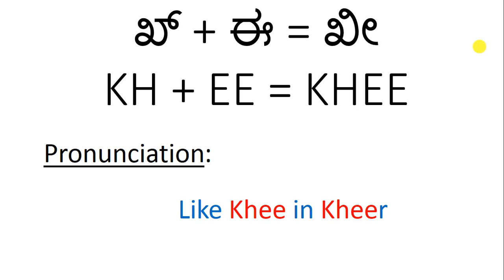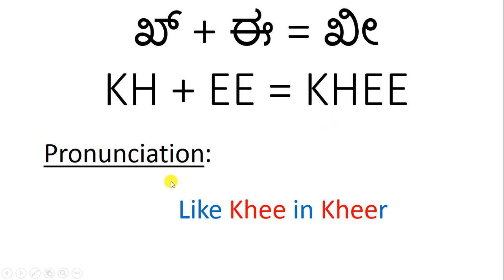The next one is Khee. The way you get this sound Khee is by adding ee to Kh. Kh plus ee will get you Khee. This is similar to the previous one, Khi, but then we drag it a bit. The previous one is Khi, this is Khee.